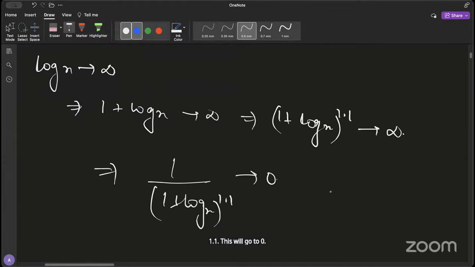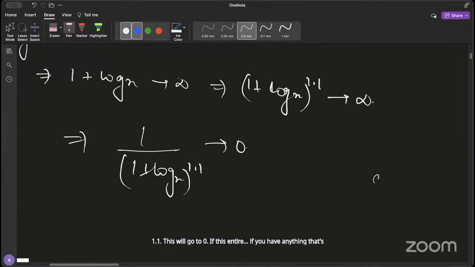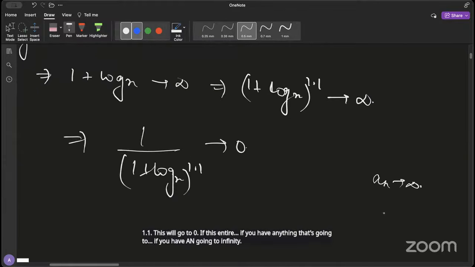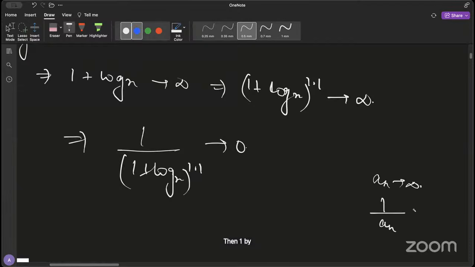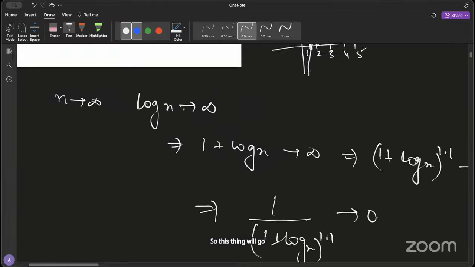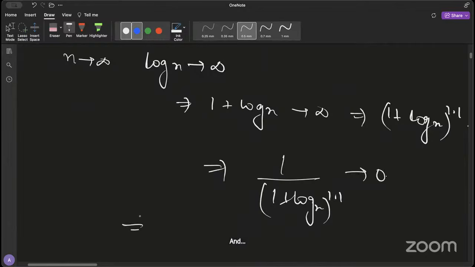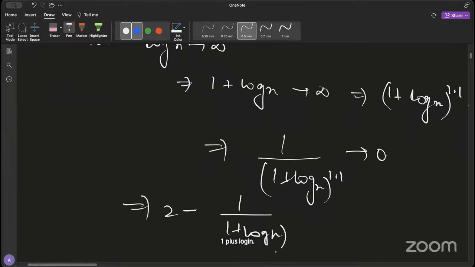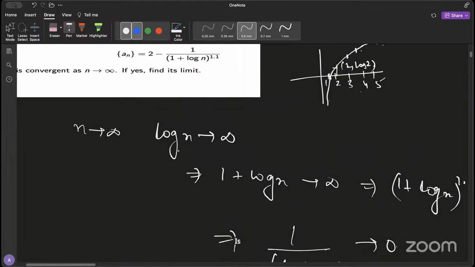If you have a_n going to infinity, then 1 by a_n goes to 0. And this would mean that 2 minus 1 by (1 plus log n) to the power 1.1 will go to 0 as n tends to infinity. Is this okay?